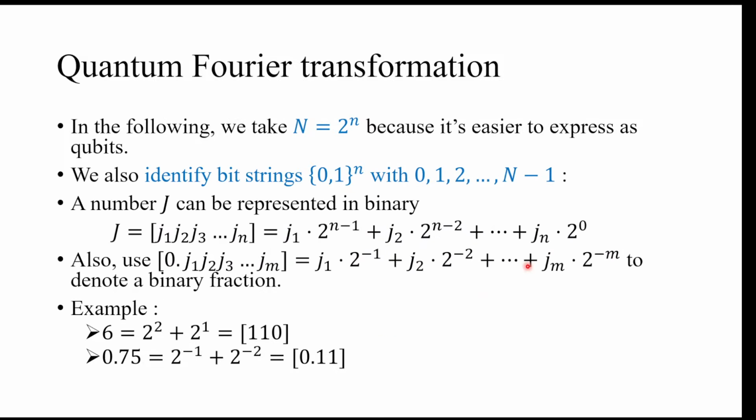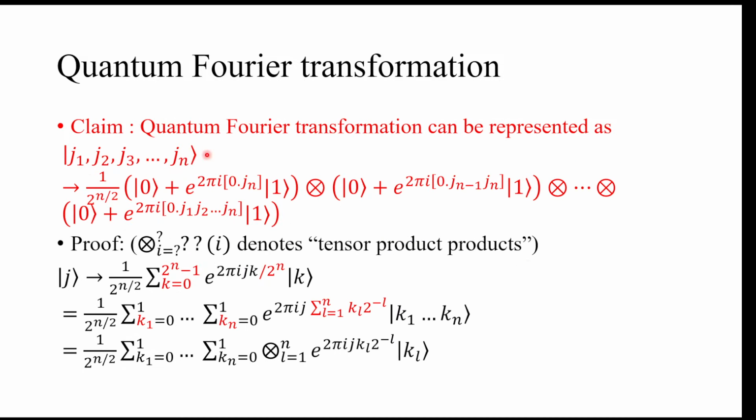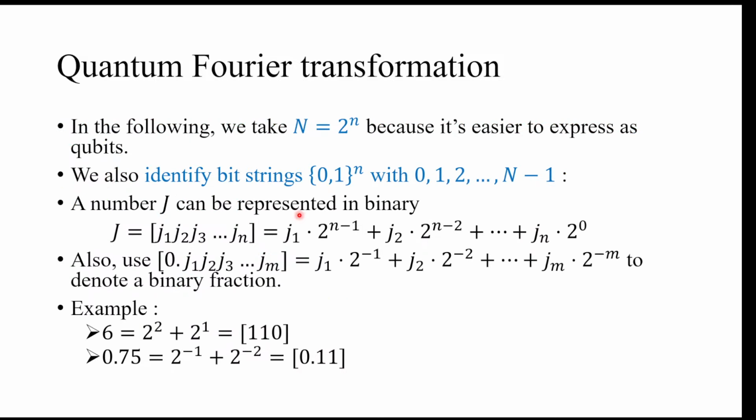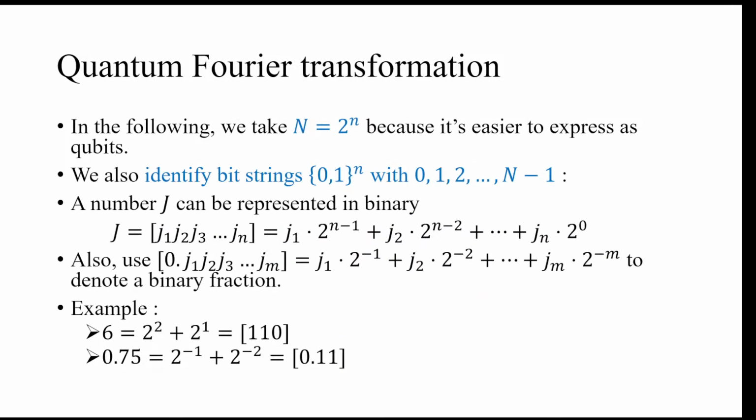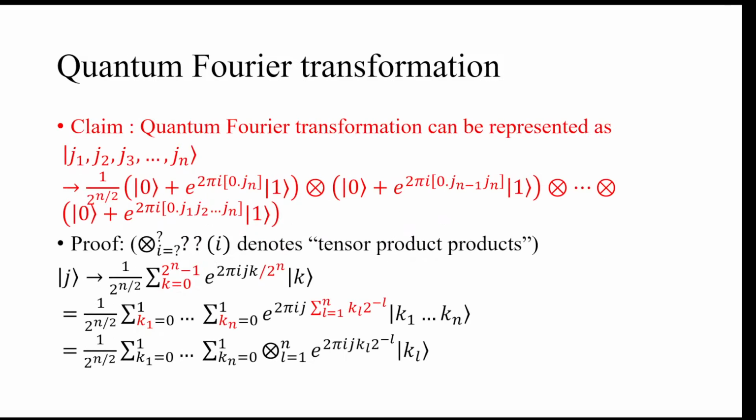First, j equals its binary representation. We say that j is something from 0 to N-1, so it can be put in binary: j1, j2 to jn, with one bit on each qubit representing our computational basis state j.